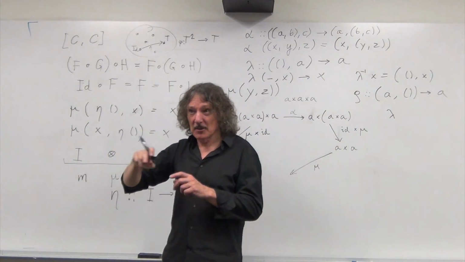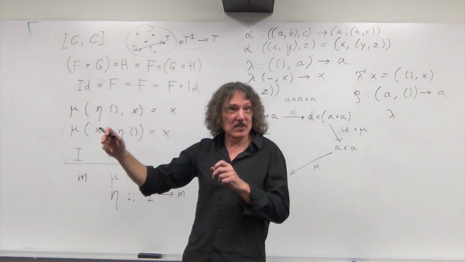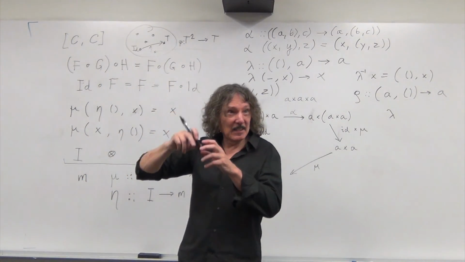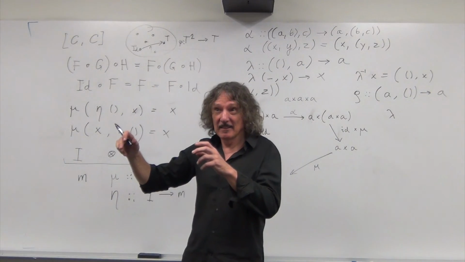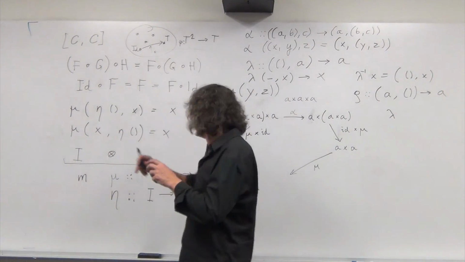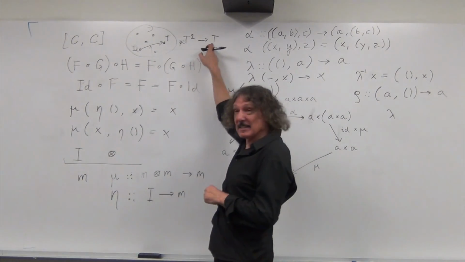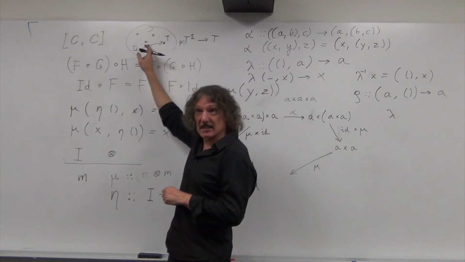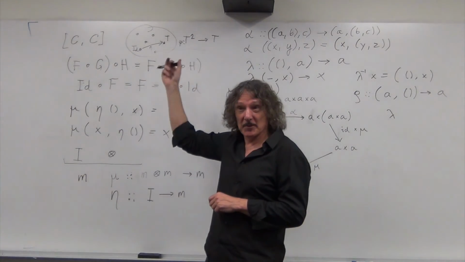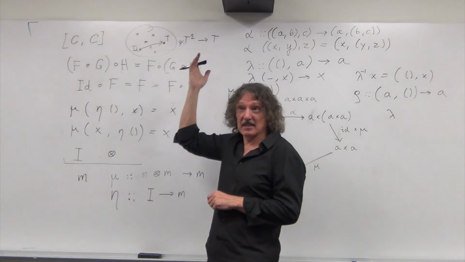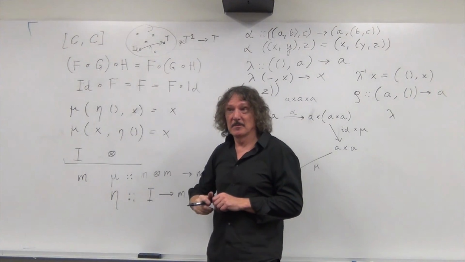A tensor product in our category is just composition of functors. So it's T composed with T, right? And it must be a morphism in this category, so it is a natural transformation.